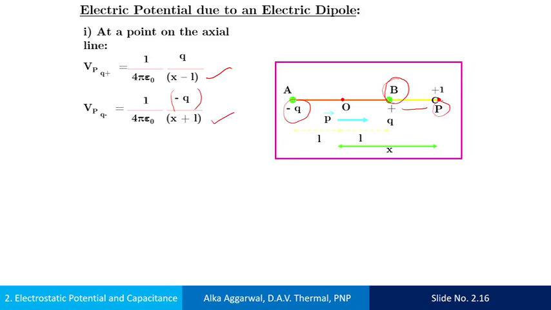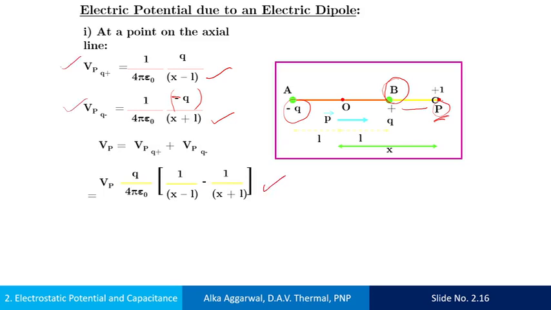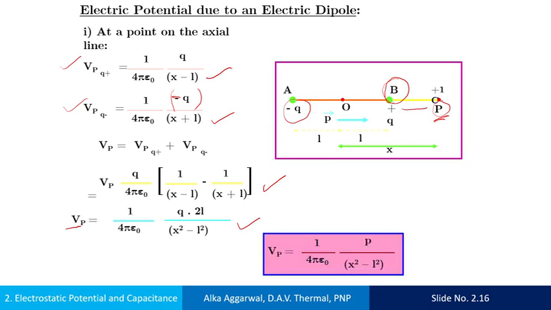The total potential at the point P is the sum of these two potentials. In this case, we also include the sign of the charges. So the net potential, which is equal to the sum of this potential and this potential, is written in this way. The potential at P is equal to 1 upon 4 pi epsilon naught times q into 2L upon x square minus L square.